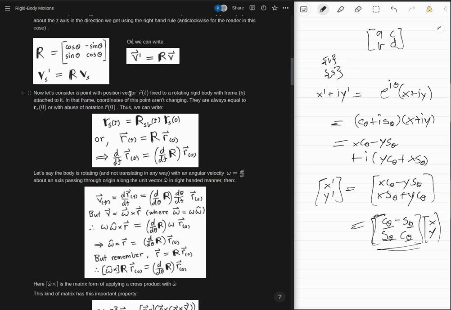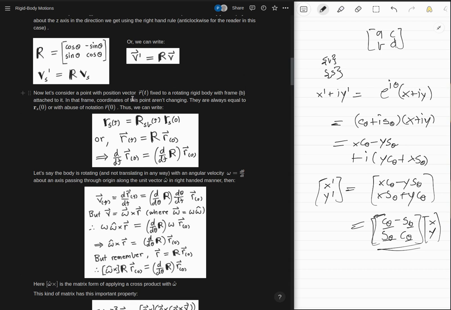Frame S is the space frame, or I could say the ground frame or whatever. And our goal is to figure out this matrix R. So we have this R vector as a function of time given as this rotation matrix as a function of time applied on its initial value, right? Or you could write this as well, fine.